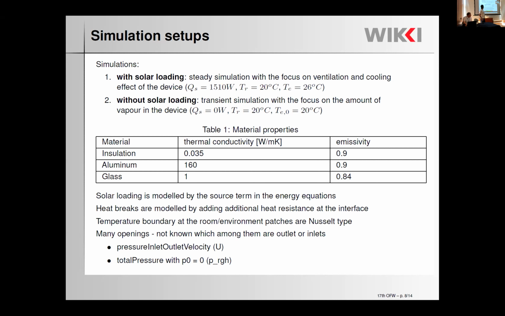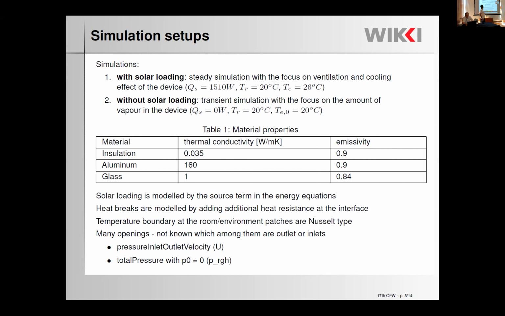The second simulation is without solar loading, and in this case, we were interested in seeing how the condensation part works, and this is the case where the condensation water vapor equation was used as well.